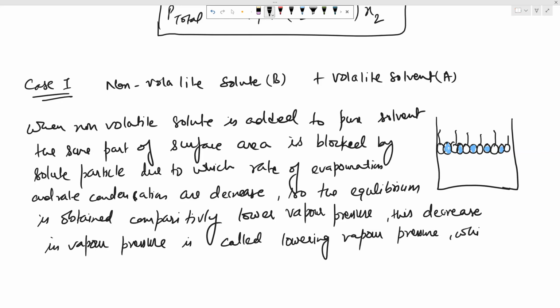which is measured with respect to pure solvent.